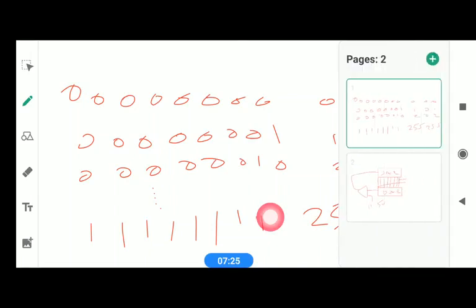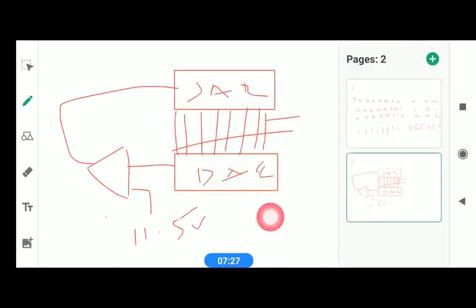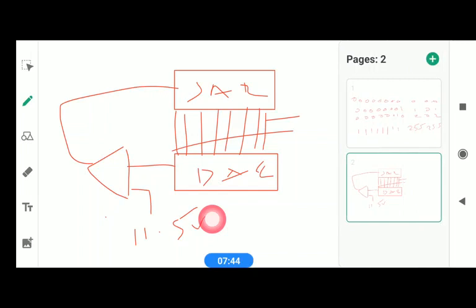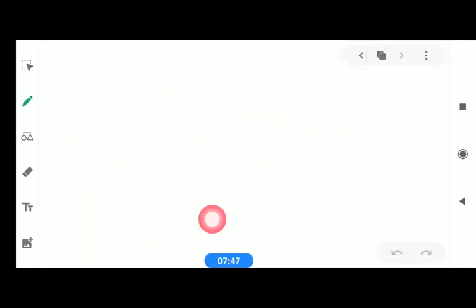Let's consider one example here. I have roughly drawn this diagram, where I applied my input voltage of 11.5 volt. I want to convert this 11.5 volt into its digital form. Its binary form: the decimal is 115, and 115 in binary is 01110011.